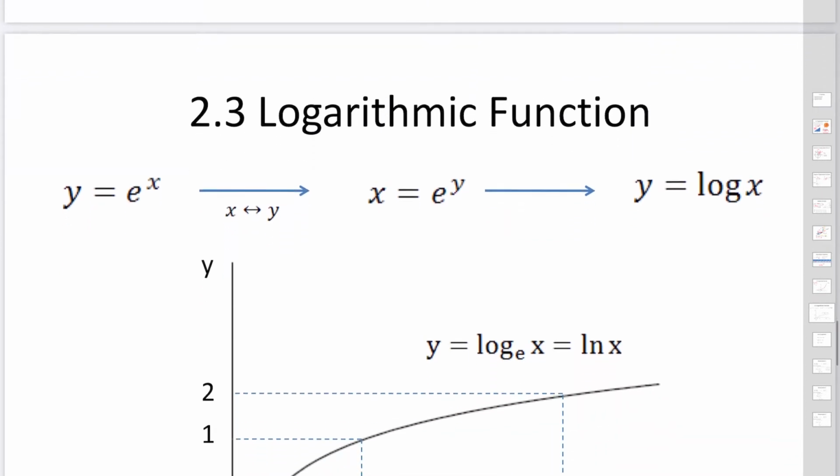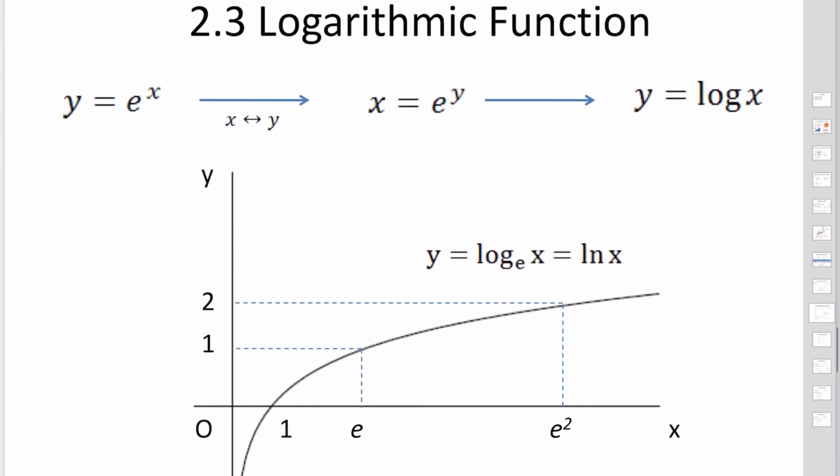From this exponential function, we can define the logarithmic function. So y equals exponential x, and then we convert x and y. Substitute y equal x, and x to the position of y, so x equals exponential y.